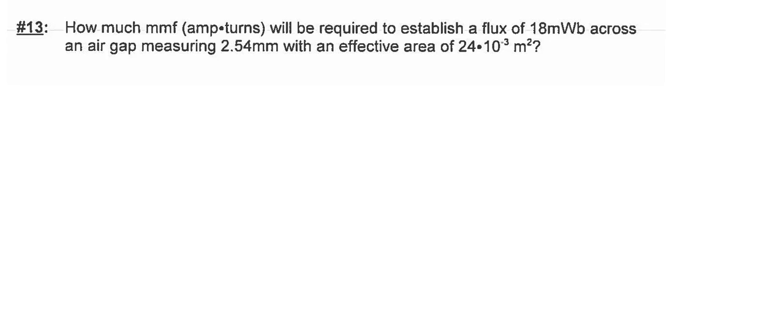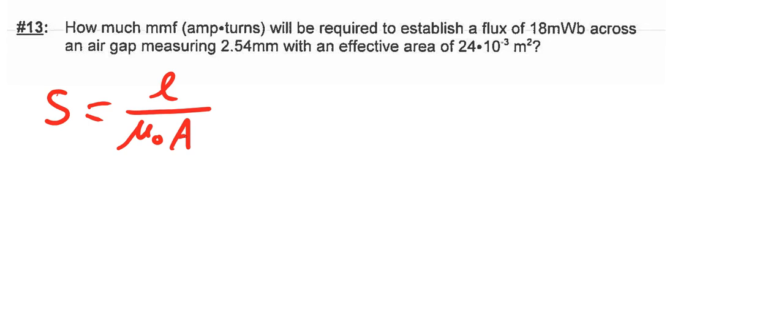And so we'll start this calculation by saying that the reluctance of the magnetic circuit, which is represented as S, is equal to the length of the magnetic circuit divided by mu naught times the area over which the flux is applied.